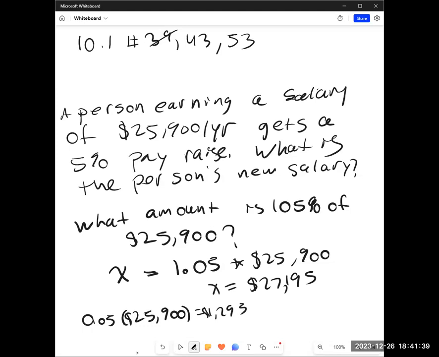And I could have added that 1,295 to my original. And this is more what we do with percent change. So 0 plus 5 is 5. 0 plus 9 is 9. 9 plus 2 is 11. 1 plus 5 is 6. Plus 1 is 7. And then bring down that 2. And I get the same answer.